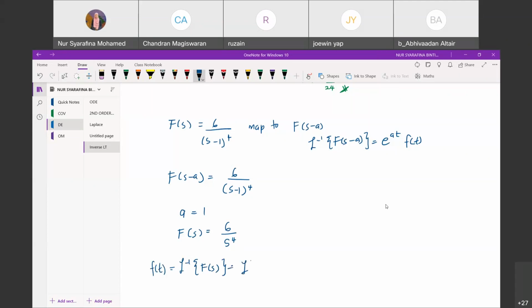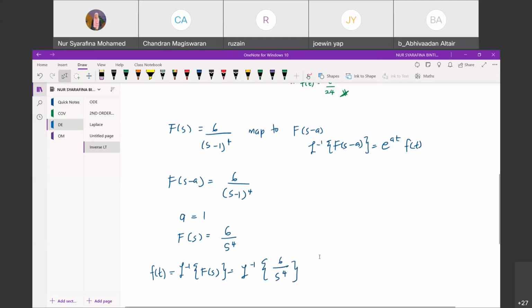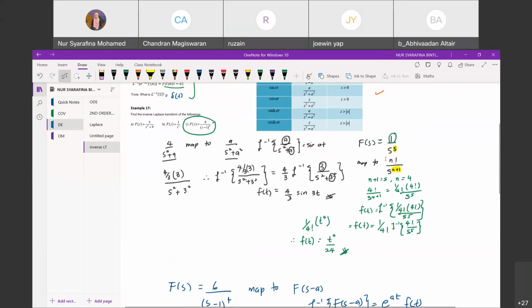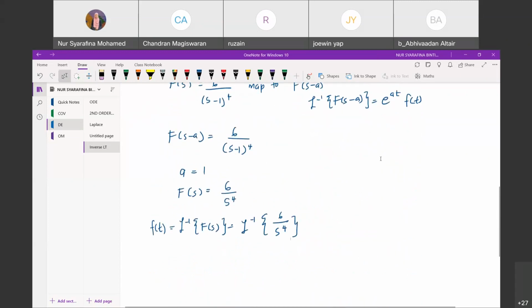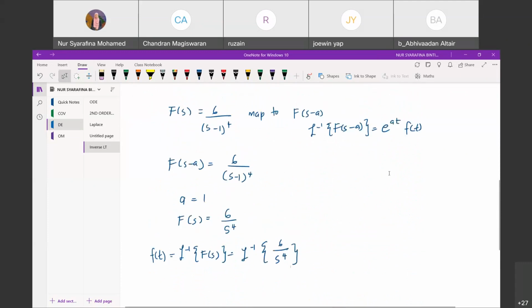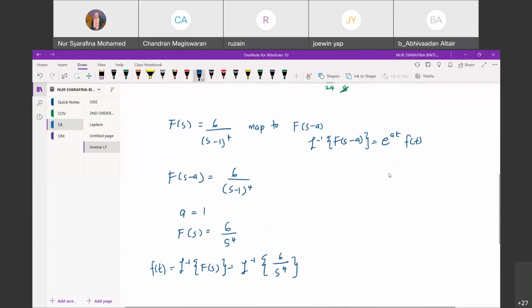We inverse only 6 over s to the power of 4, where it is quite identical with the previous example, 1 over s to the power of 5. So this is mapped to n factorial over s^(n+1), right? Where for this case, n plus 1 equals 4 and n equals 3.